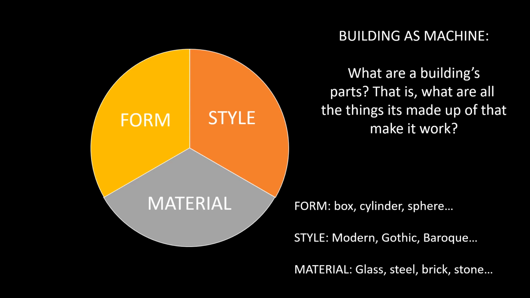And how is this brick or stone arranged as well? Because you can leave the stone rough or you can smooth it off. So there's lots of different ways that you can approach these questions. Really, the idea here is that this is a way to approach architecture by asking a series of questions about it.